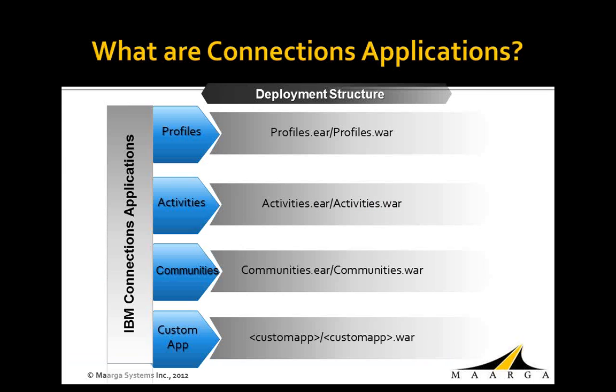Whereas Connections applications are really like J2EE applications, which include multiple sets of files and code that have been written together. In fact, Profiles, Activities, and Communities are all applications on top of the Connections platform. Similar to them, you can write your own custom application which can access the Connections data and the Connections functionality which the set of APIs provide.